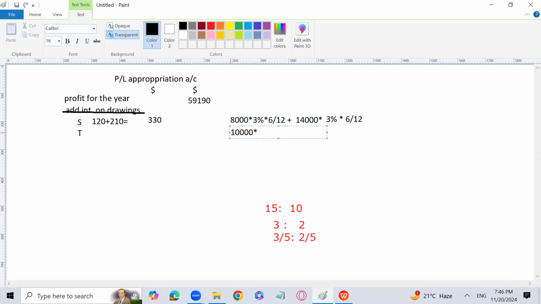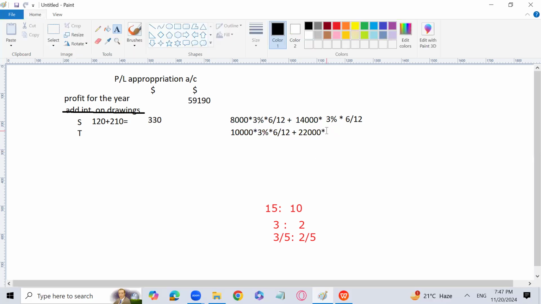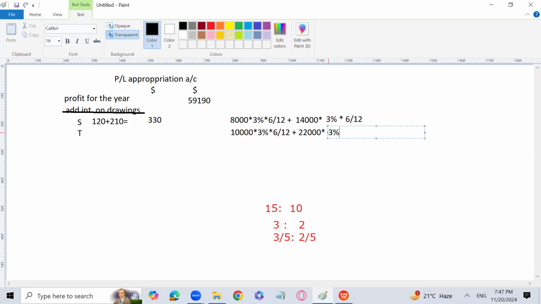So 10,000 into 3% into 6/12, plus 22,000, because more drawings have been done by T, 12,000. So the total drawings for the last 6 months are 22,000 into 3% into 6/12.